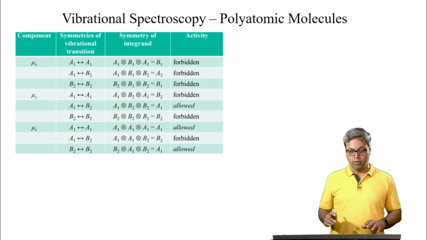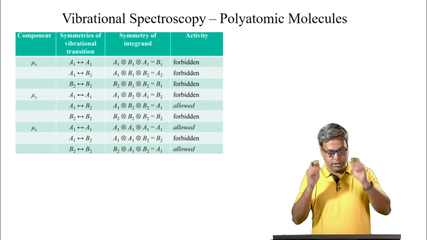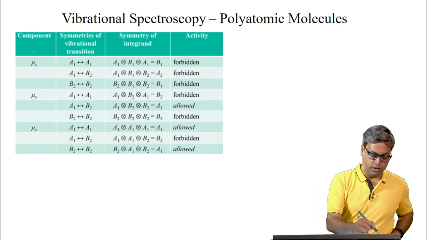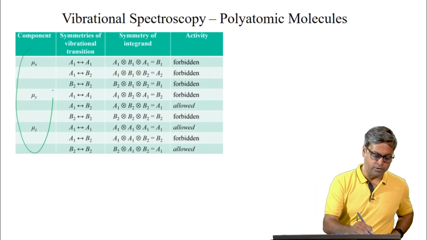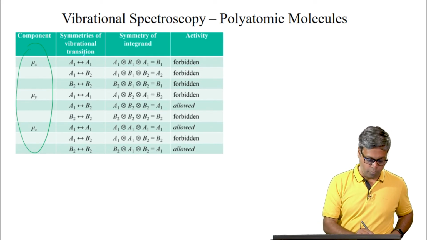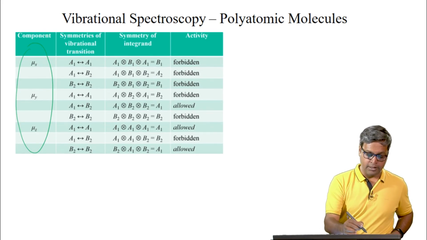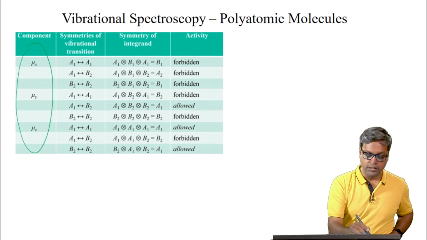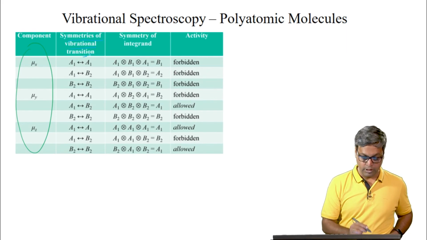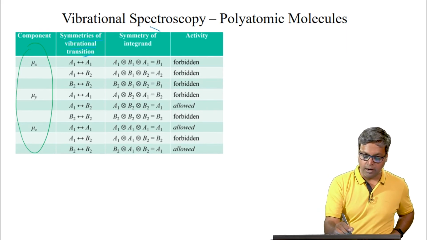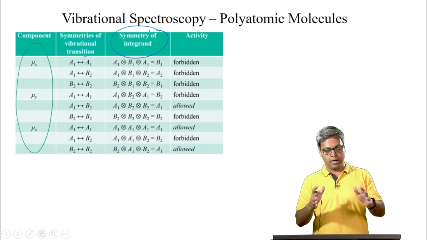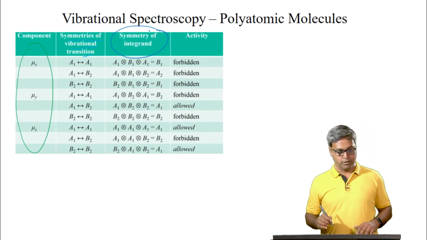Here we have the components of the dipole moment, in the second column we have the symmetries of vibrational transitions, and in the third column we are constructing the entire symmetry of the integrand.